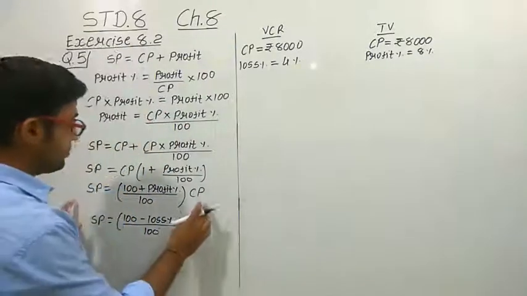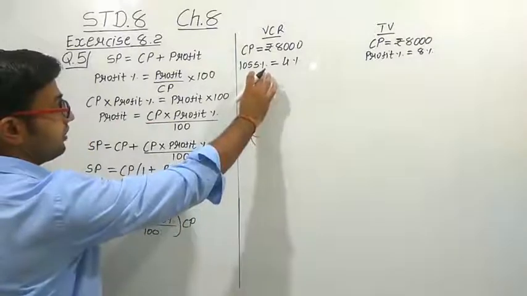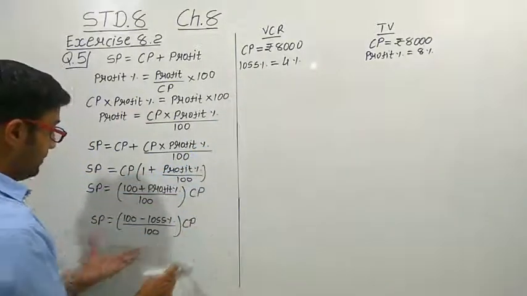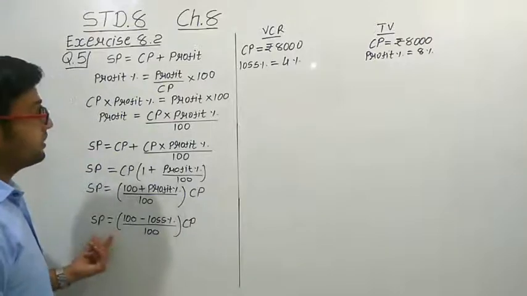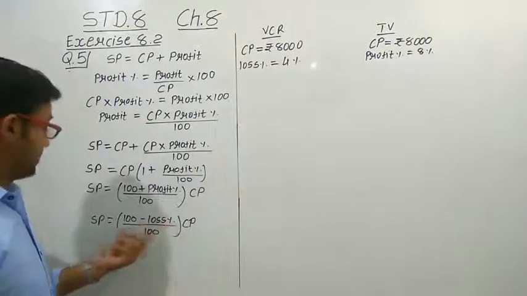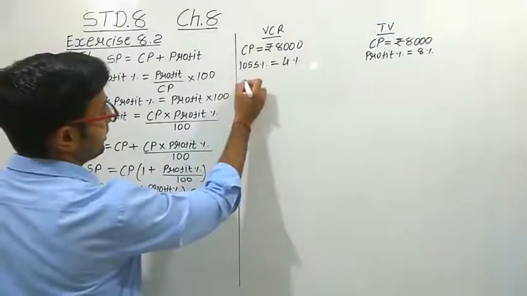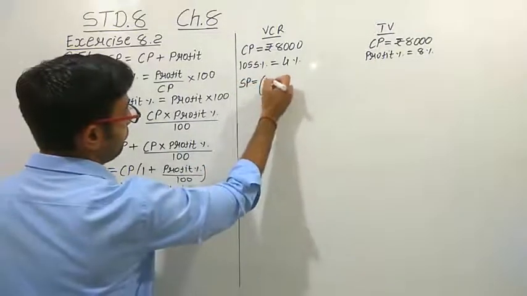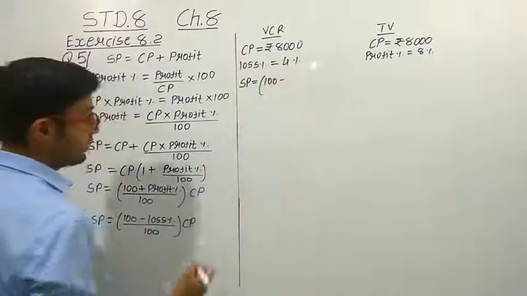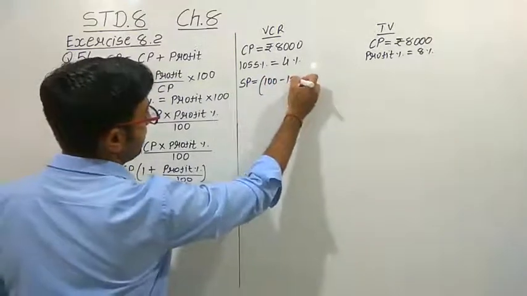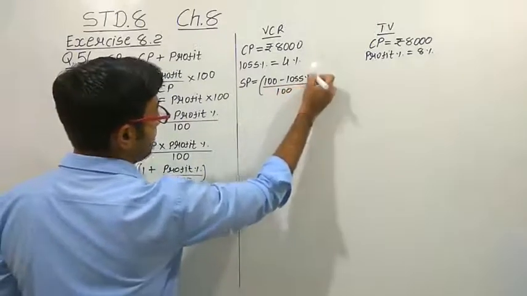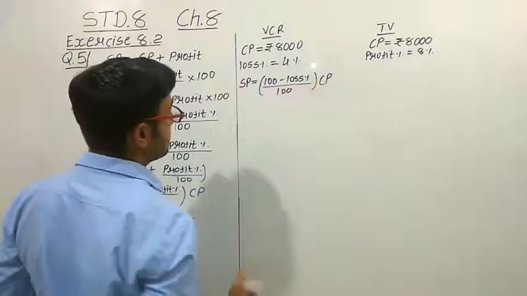So here we can use this formula, because here on VCR he had made a loss. Here two things we have, that is cost price and loss percentage. So we can find out the SP. Selling price is equals to 100 minus loss percentage upon 100 into cost price CP.